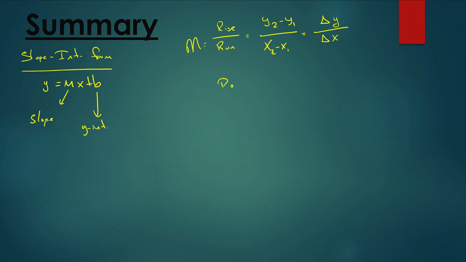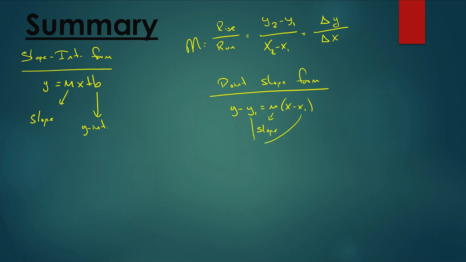And then we have what we call point slope form, and that is y minus y1 equals m(x minus x1), where m gives you the slope, and these two together give you an x1 and a y1. It just gives you a point, right?